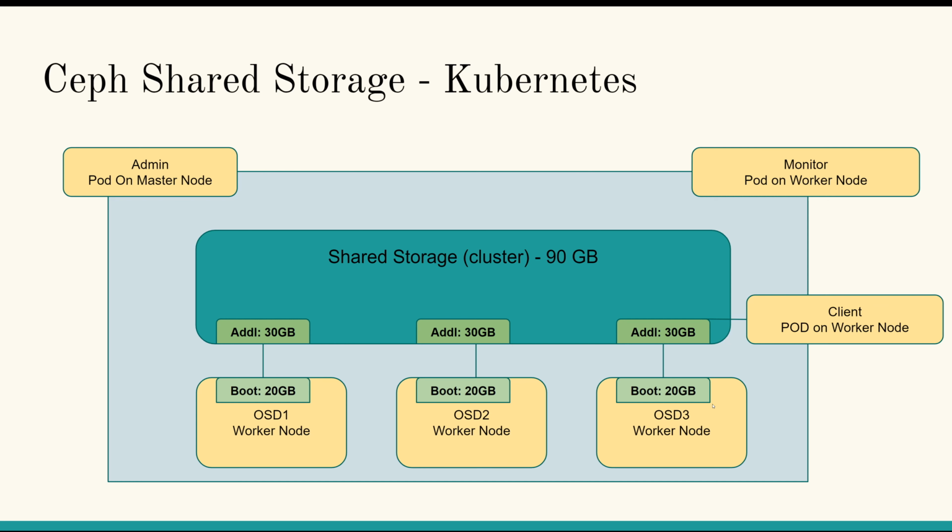Just like what we saw in Ceph on bare metal, these 3 additional storages will be combined together to form a cluster of shared storage for Ceph. Then we are going to deploy pods on the same Kubernetes environment to consume the storage in the form of block storage, file storage, or object storage.